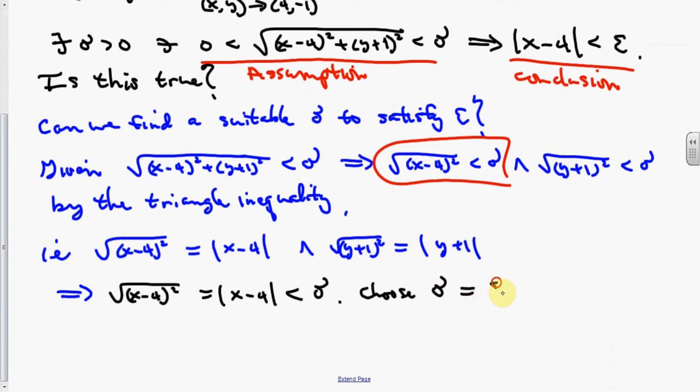Choose delta equal to epsilon, and we get it. That is, we have the absolute value of x minus 4 is less than epsilon.